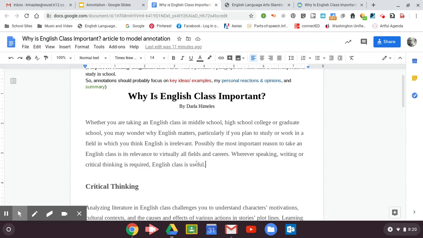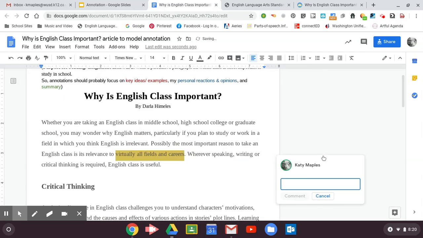I am going to highlight this part because I think this is a key idea, and I'm going to add a comment saying, okay, so even if I'm not an English major, this author thinks that English class will help me in my future job.